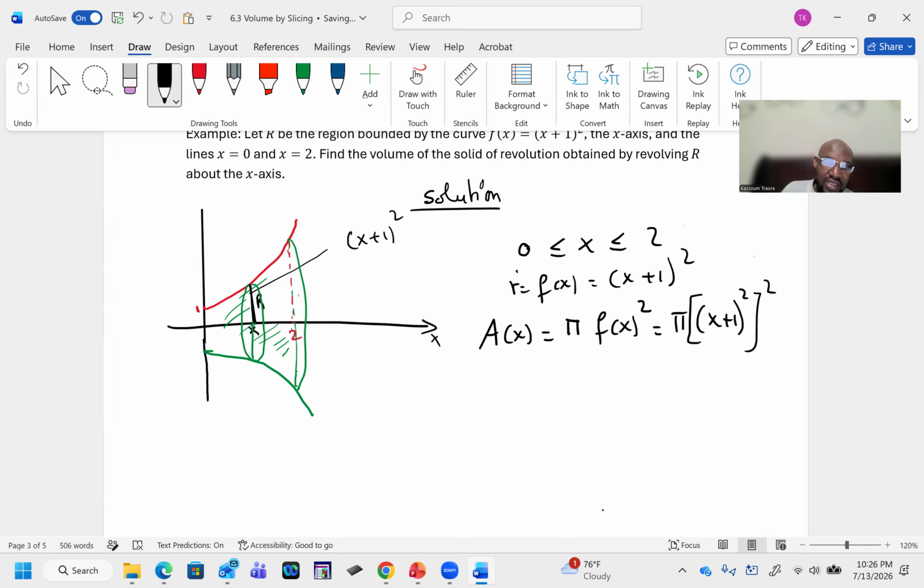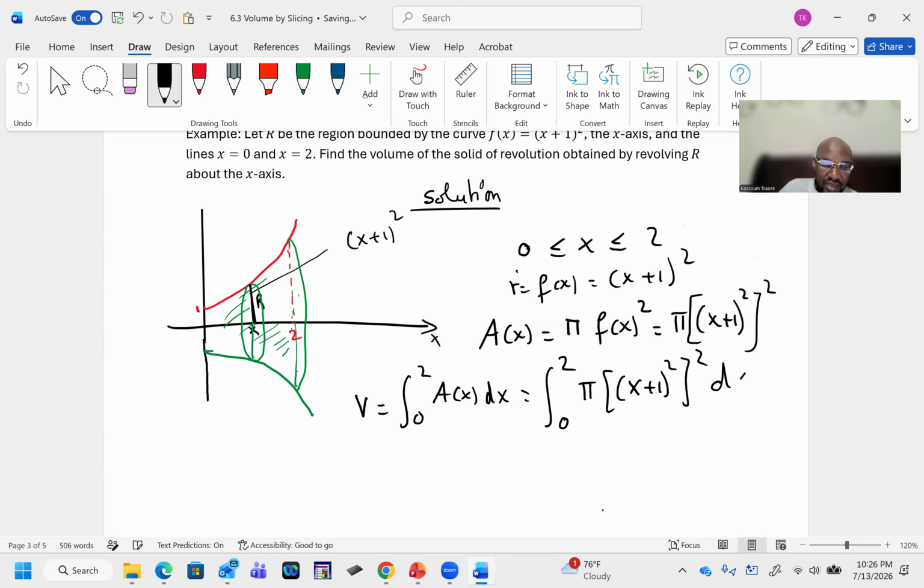So integrating this between 0 to 2 gives us the volume. So our volume V would be the integral from 0 to 2 of A(x) dx, which is equal to the integral from 0 to 2 of pi times ((x plus 1) squared) squared dx.